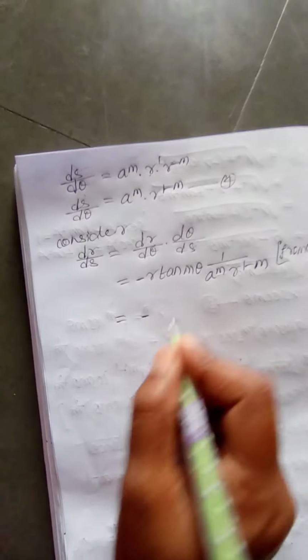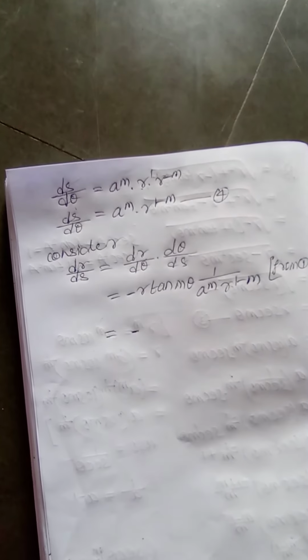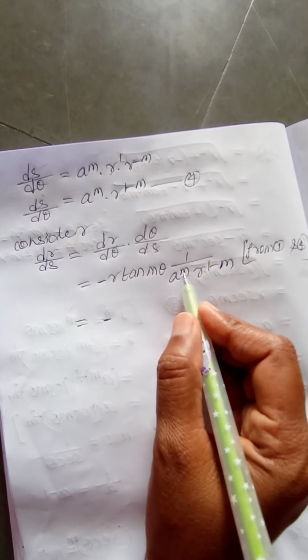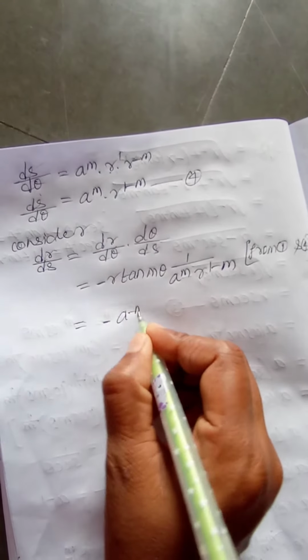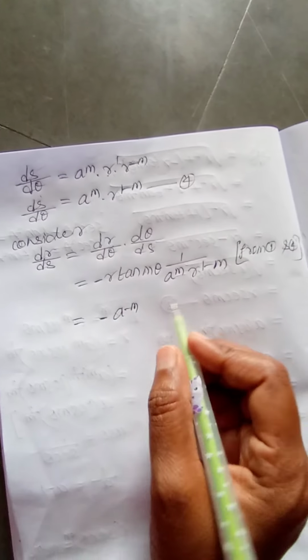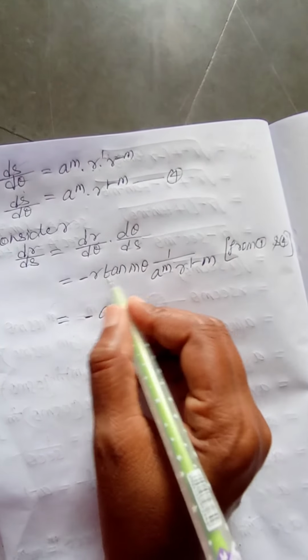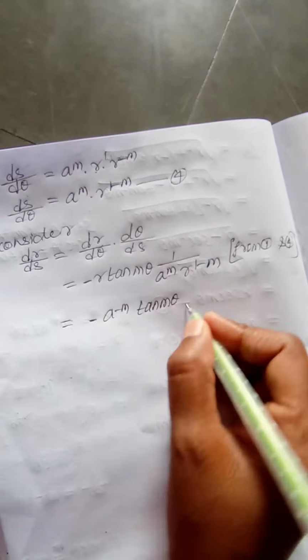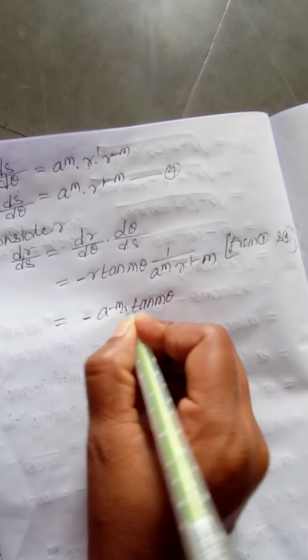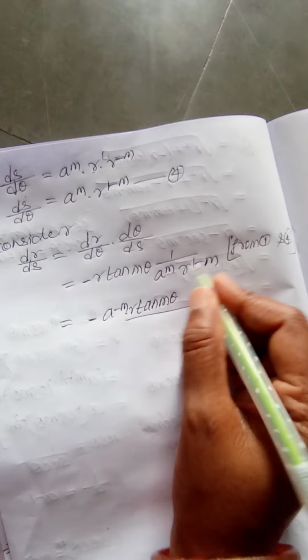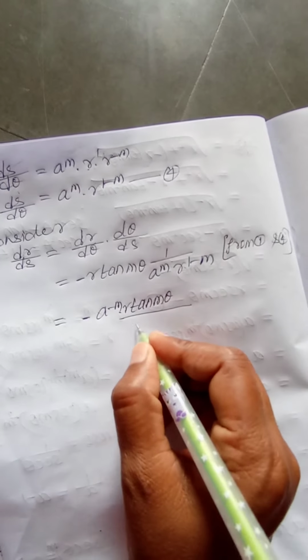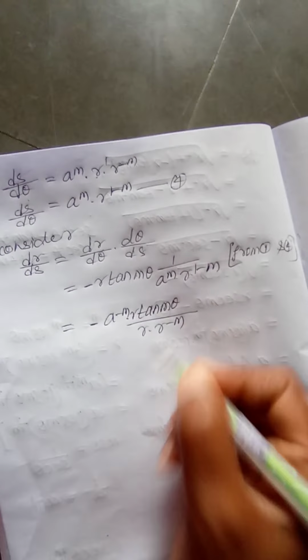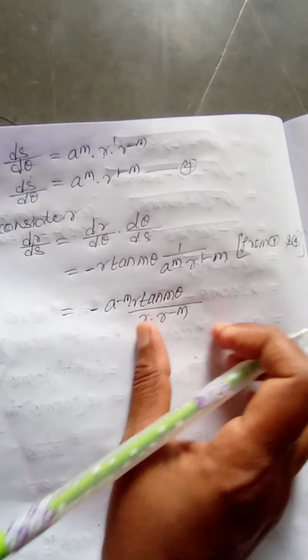that equals minus, so a to the power of m reciprocal is a to the power of minus m, and this is tan m theta into r, by the denominator r to the power of 1 minus m, which is written as r into r to the power of minus m. Base equal, power should be separated.